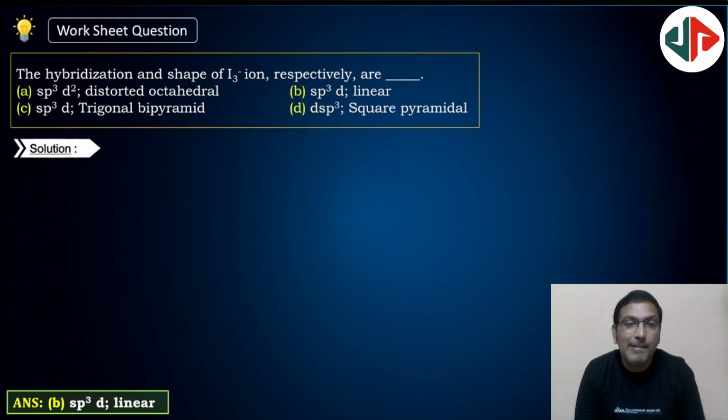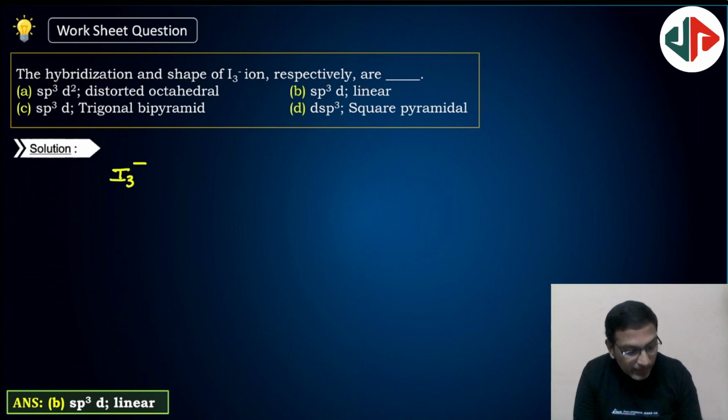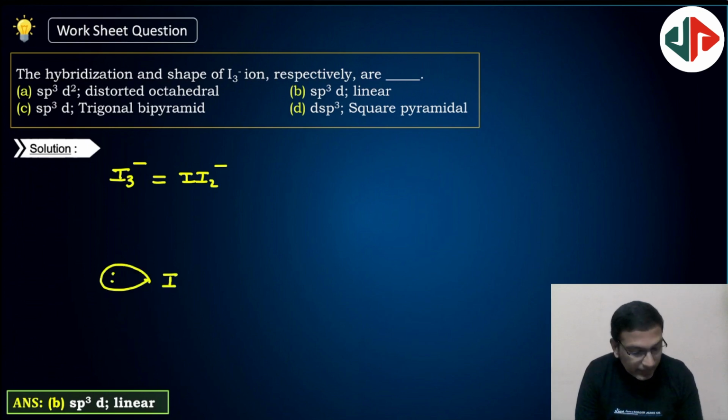First question: the hybridization and shape of I3 minus ion, respectively, are. So we know I3 minus can be written as I2 minus. Your structure will be like this, with 3 lone pairs.